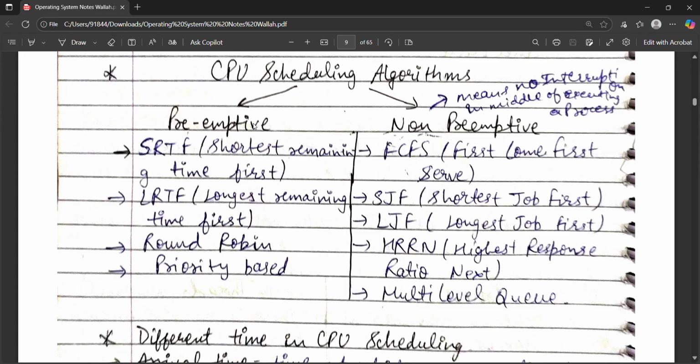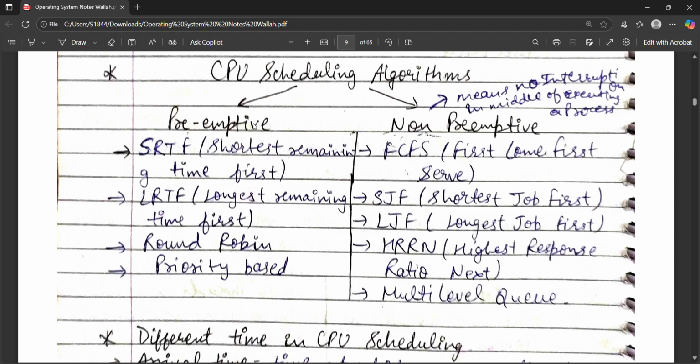Until p1 completes its execution, p2, p3, p4, no other process even starts. Until p1 has terminated, no other process can come, whether its priority is higher or lower.